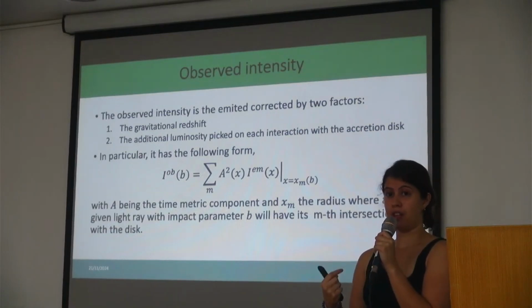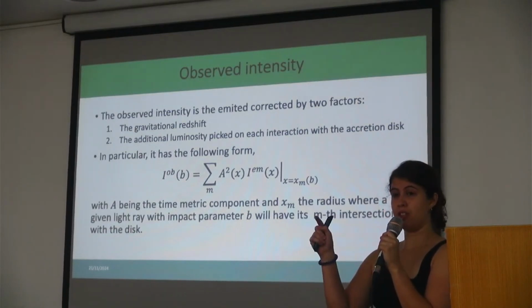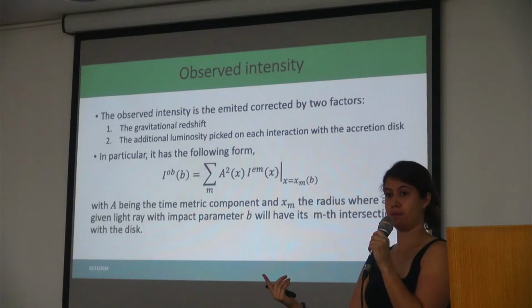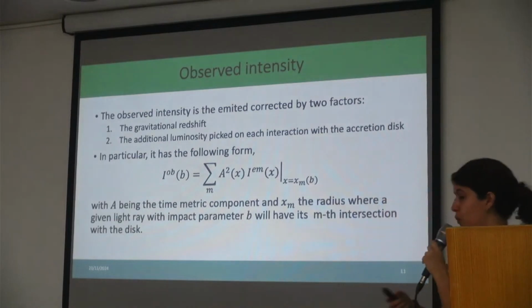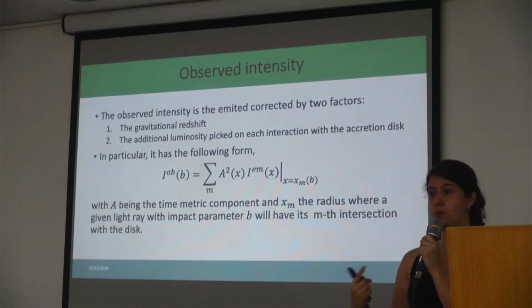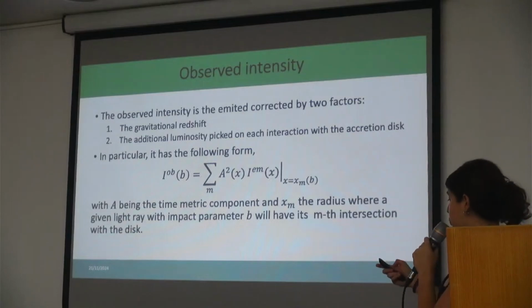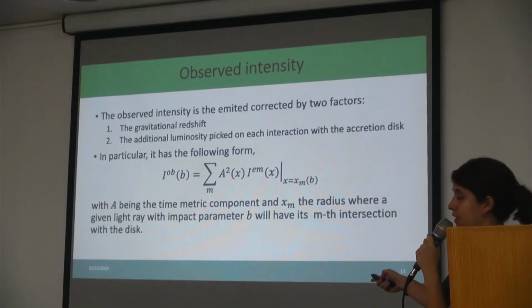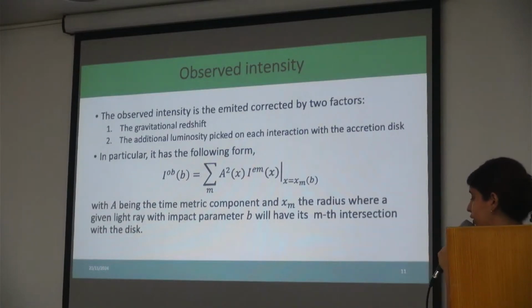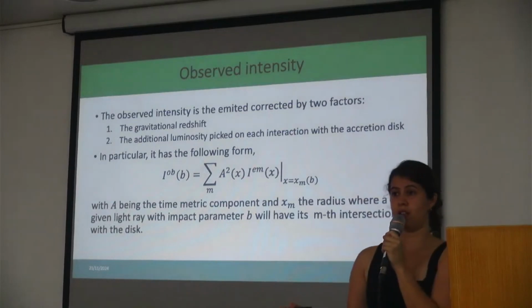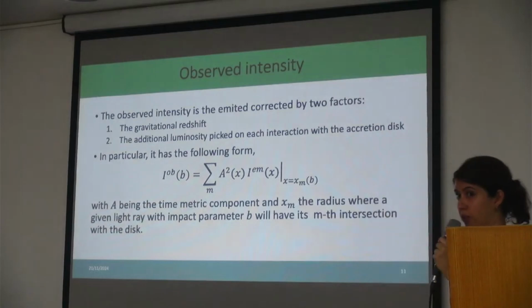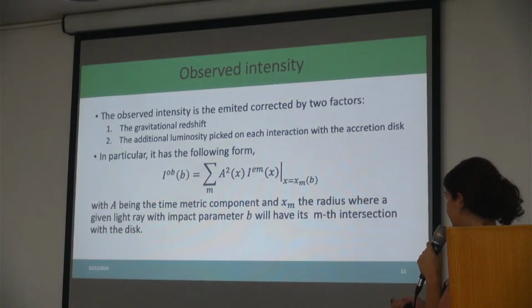But actually what can happen is that from the same point, the accretion disk emits another photon. So what this would mean is that we will have an additional contribution to the luminosity. And that's what this sum means. And this A is the time metric component and basically corresponds to the redshift. Okay, it's the redshift correction.